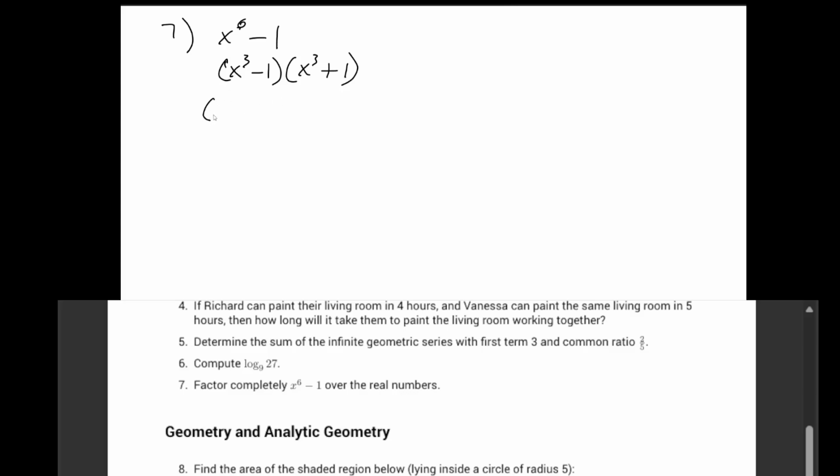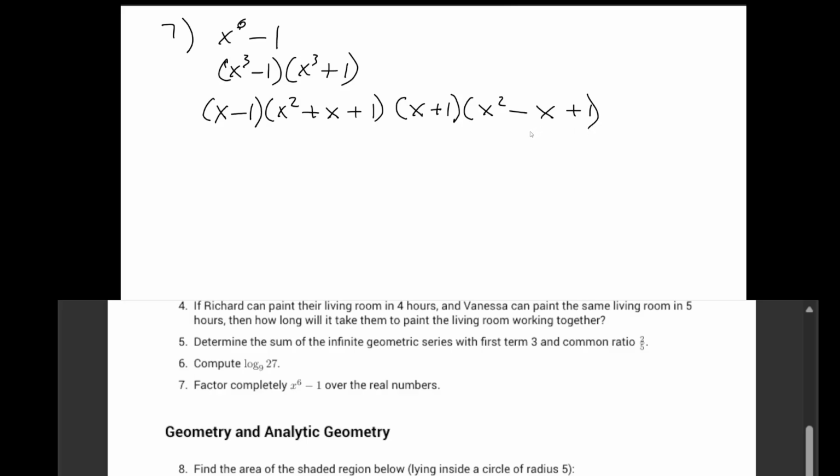So this would be a minus b times x squared plus x plus 1, a minus b times a squared plus ab plus b squared. And then this times a plus b times a squared minus ab, so then x plus 1.